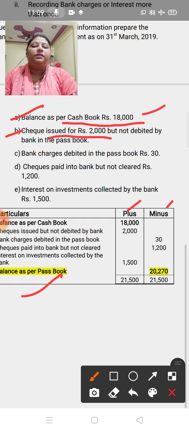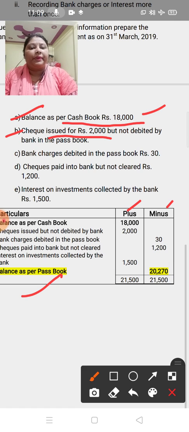See children, when debited by bank, it means the bank has to deduct. If credited by bank, it means the bank has to add the amount. So these terms you have to see carefully.